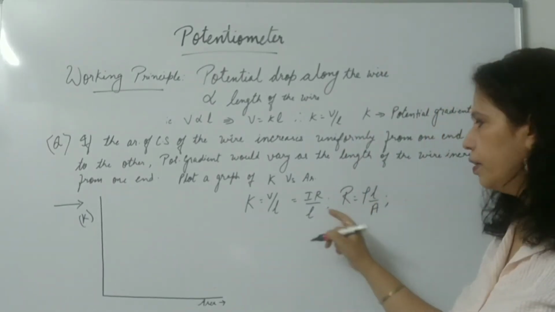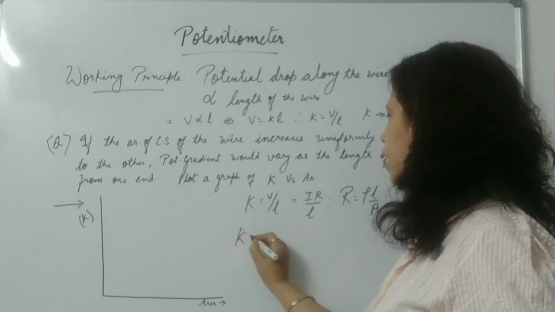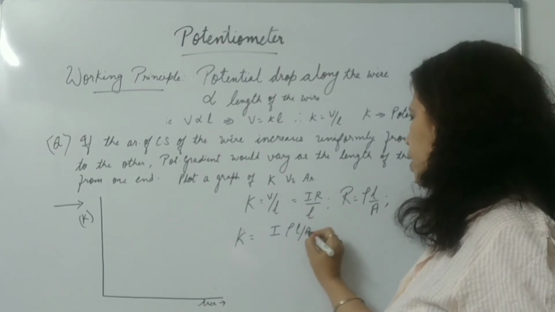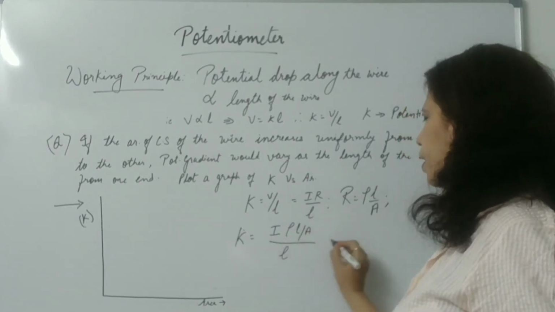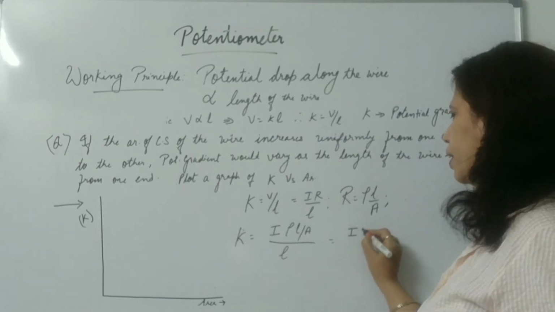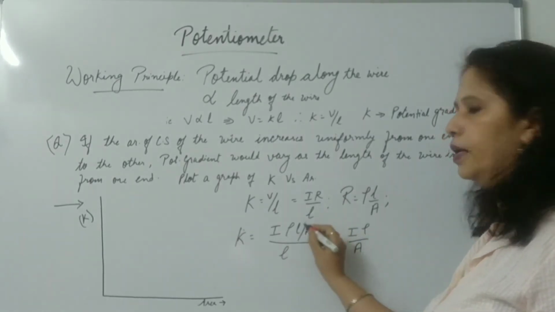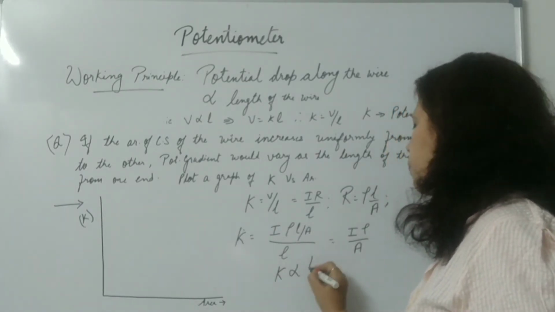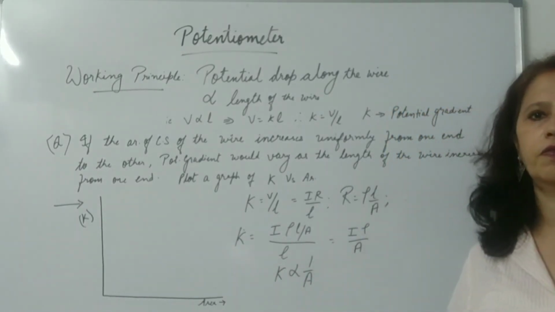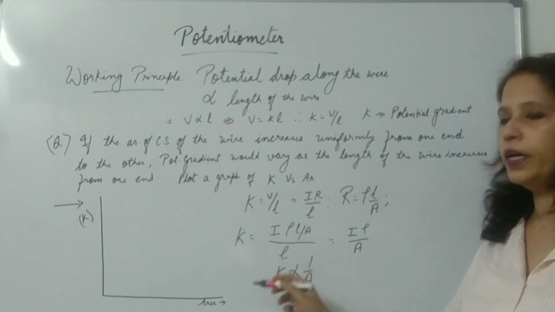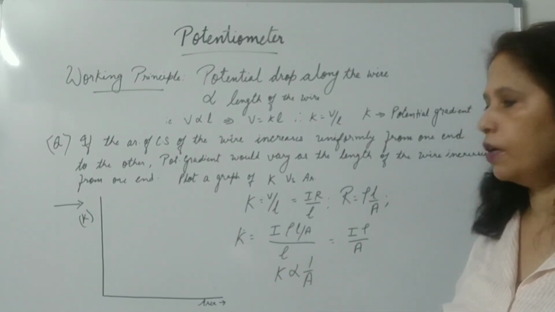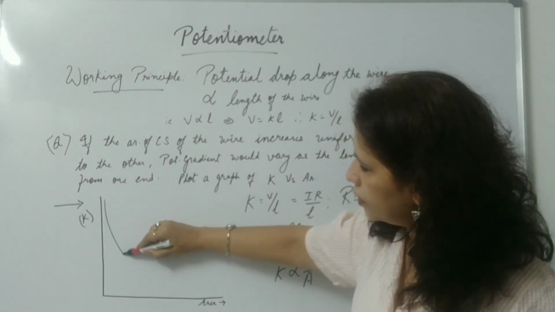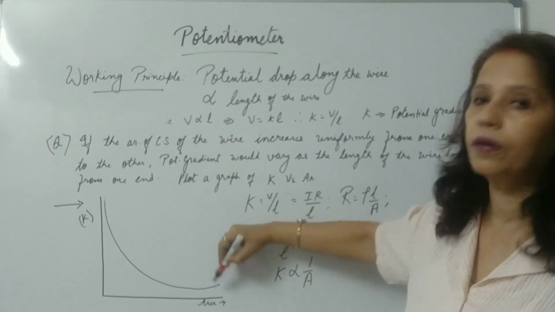Putting this value of R over here, we get K equals I rho L upon A divided by L. So we will get over here I rho upon A. L and L will cancel here. So this means that K is inversely proportional to the area of cross section of the wire. So while plotting a graph, what will be the nature of the graph? It will be going in this manner. So this will be a hyperbola.